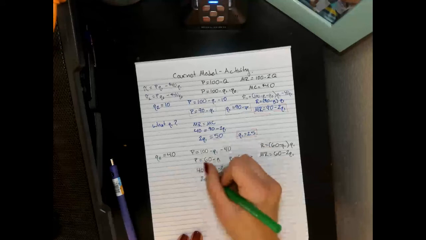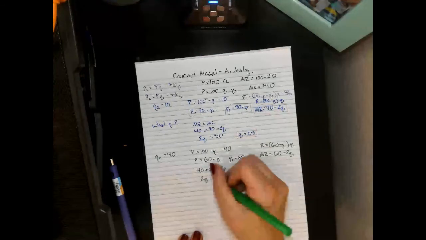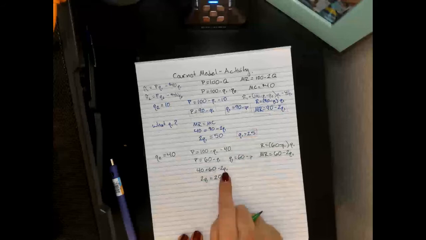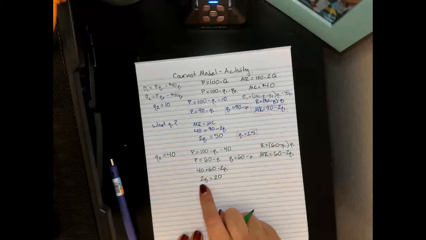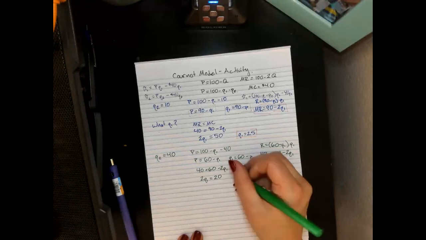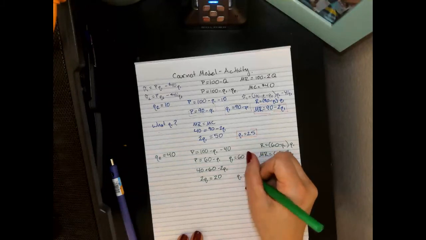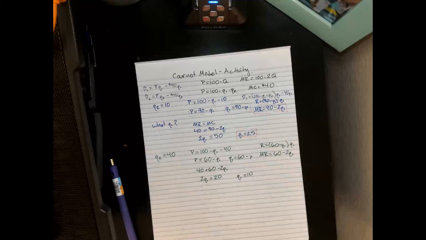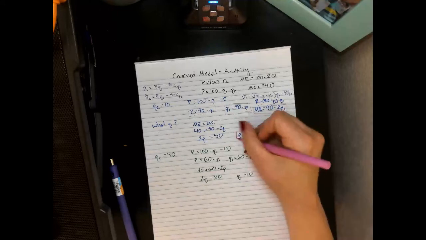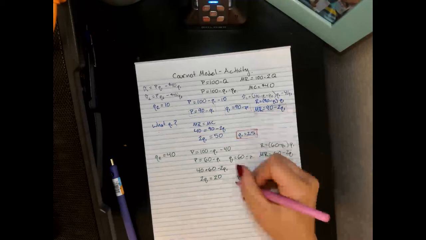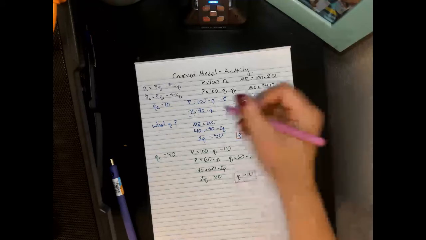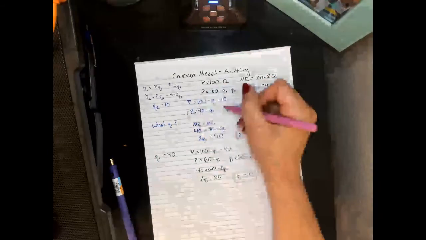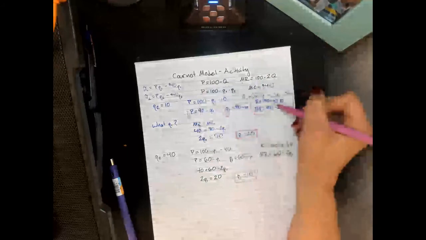If I add 2Q1 over and subtract 40 from both sides, I end up with 2Q1 is equal to 20, or Q1 is equal to 10. So those are going to be the equilibrium quantities that firm 1 is going to produce in each of these cases. And that's what we want to graph.